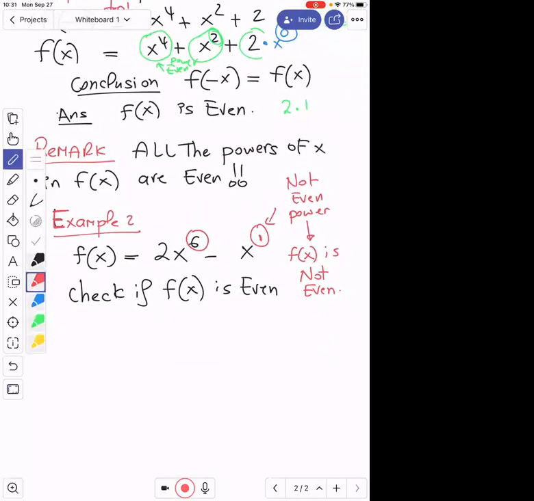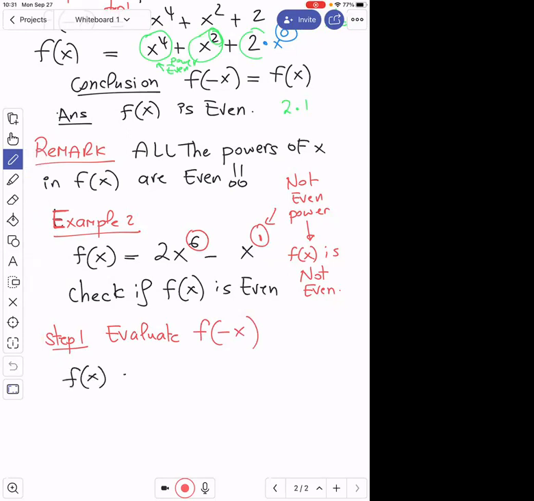As step 1, we are supposed to evaluate f of minus x. It's better to write down first f of x, your initial function, which is 2x to the power 6 minus x.